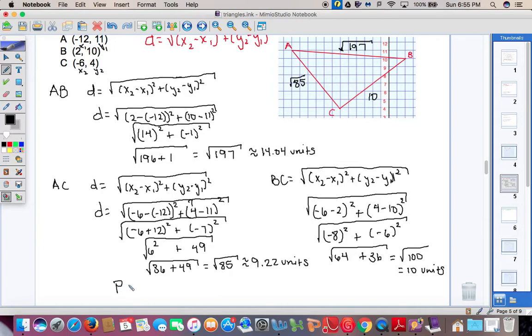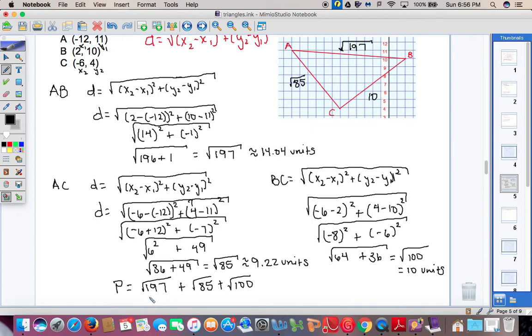So I can add up all my sides. The perimeter is equal to the square root of 197 plus the square root of 85 plus the square root of 100, or I can just use the decimal equivalents.